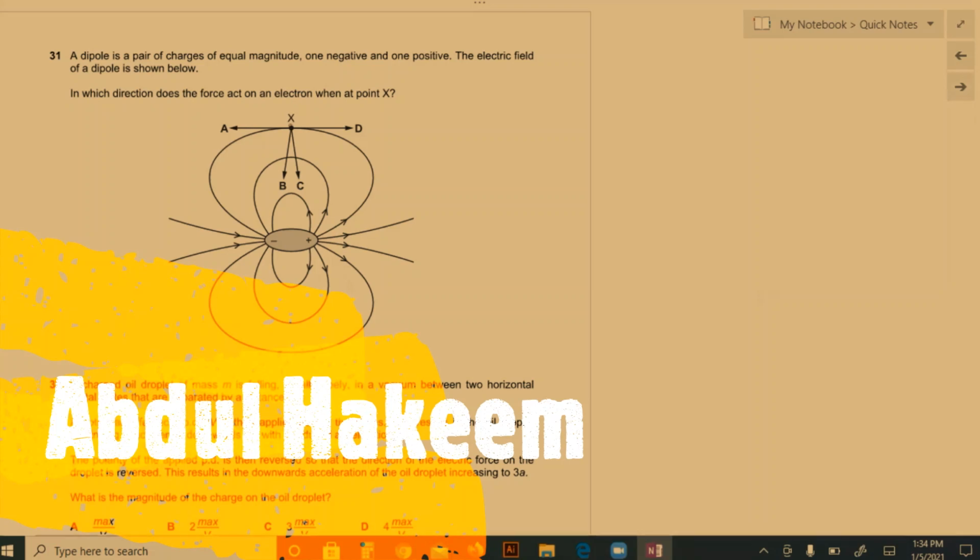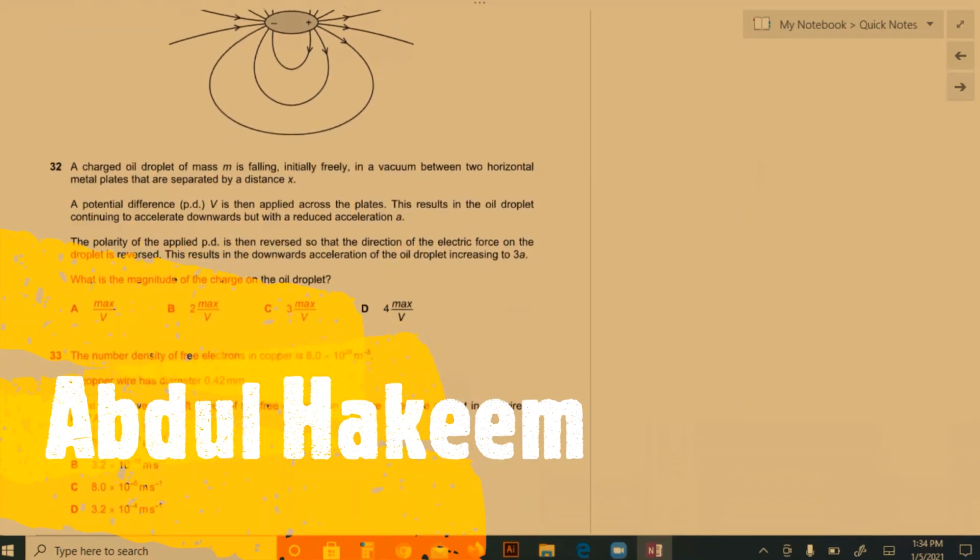So when the electron is placed here, it is attracted towards the positive charge. But at this point, the direction of the force will be the tangent towards the positive. So when we draw the tangent, this is the direction of the force. So D is the option. So it is attracted along direction D at this point X.